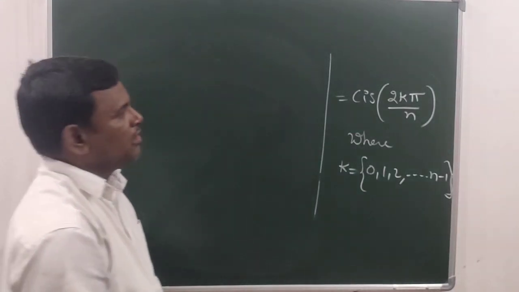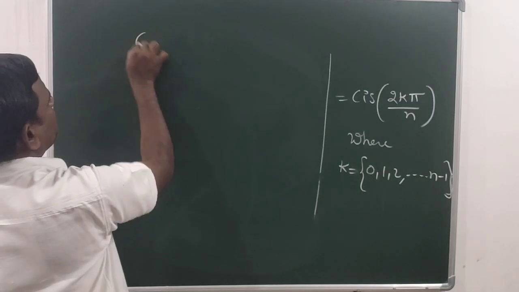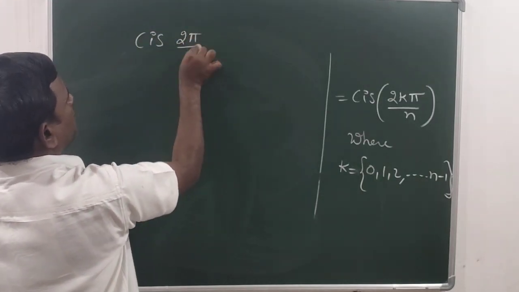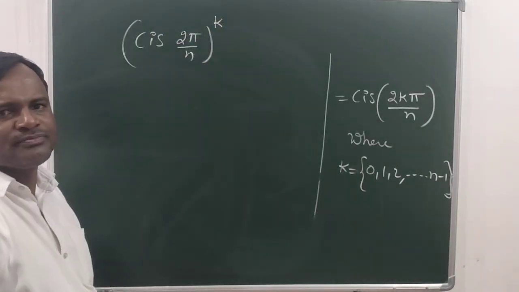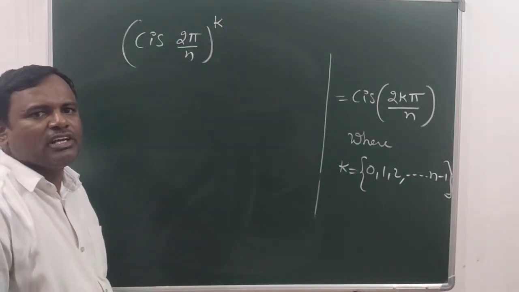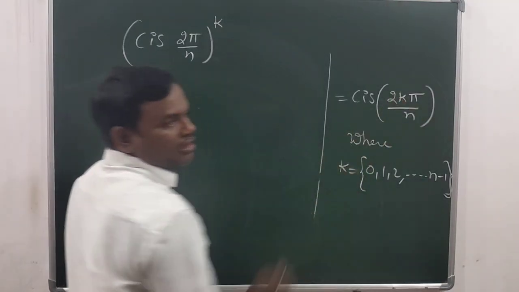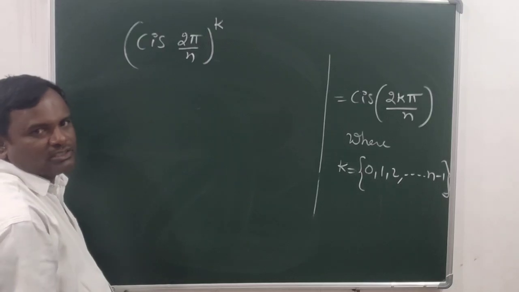See, observe this. This can also be written as cis of 2 pi by n whole power k. Can I write like this? Yes, with the help of De Moivre theorem, I bring this k to the index place.